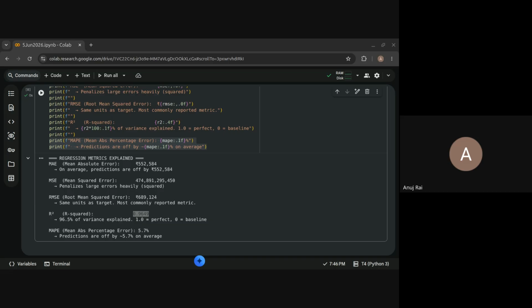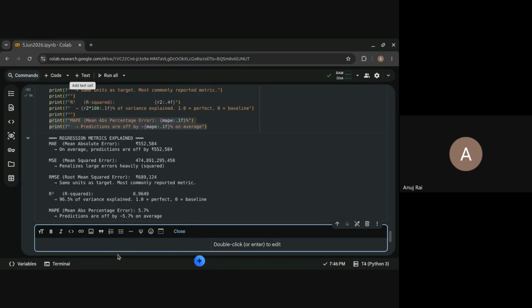And here, let me put the formula for how it is calculated.